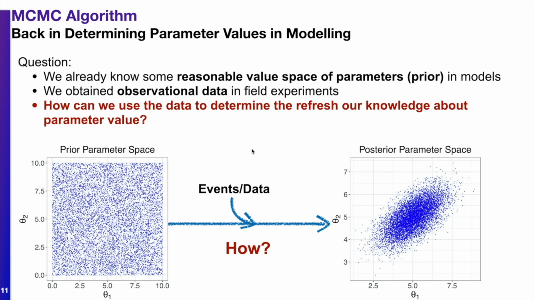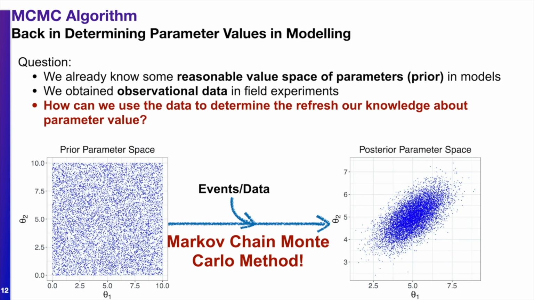Then the question is, how can we use the data to achieve such a target? If you look at different literature, you may find several answers to this question. But on the basis of the Bayesian statistics we have introduced, I will recommend the Markov chain Monte Carlo method to do so.